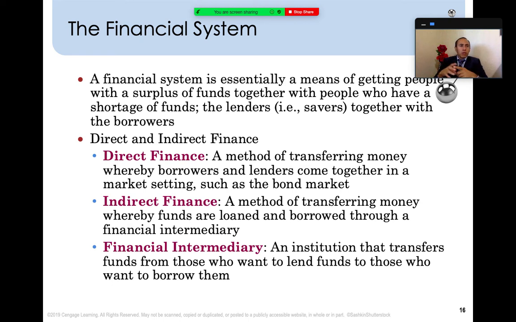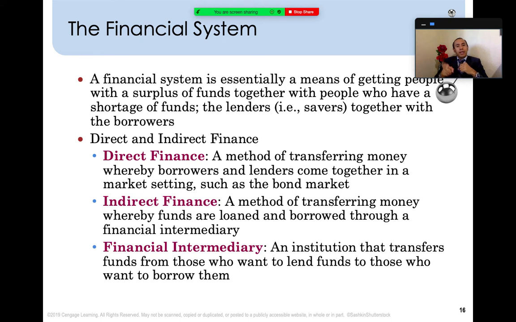You're directly financing a financial transaction: the actual lender meets with the borrower and directly finances the transaction.